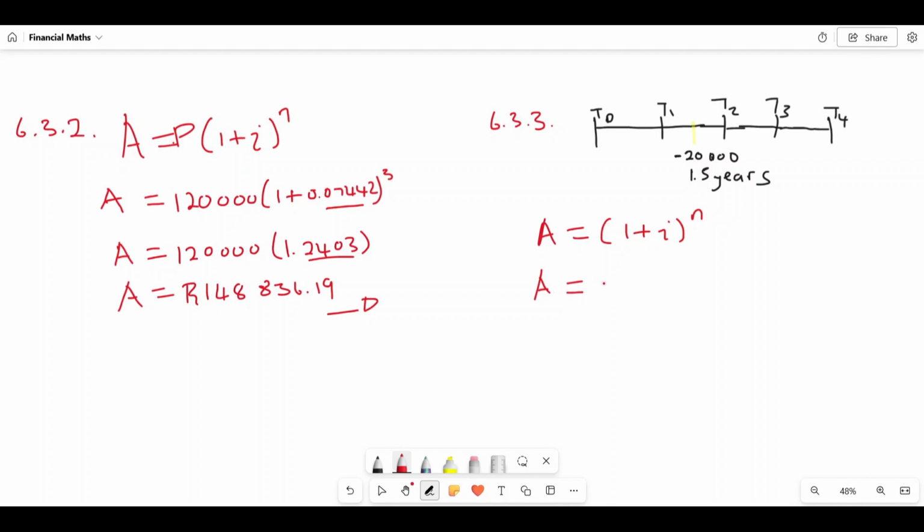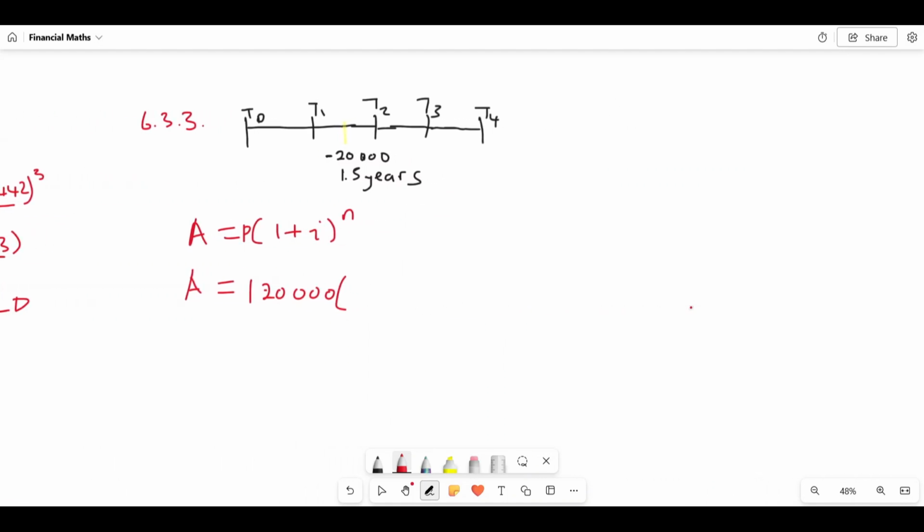But in this case, I'll just, okay, I left P here. So this will be 120,000 times, 1 plus the nominal rate.